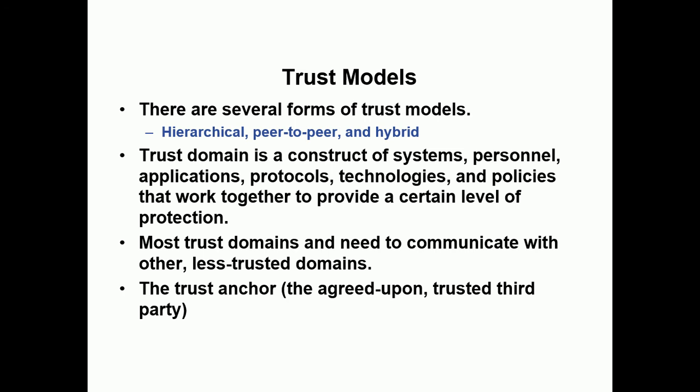Your trust can go through the root, so you can go up through those branches and then back down through another branch, and there's a transitive relationship through which you can trust. But peer-to-peer is where you can trust anyone in a sort of mesh of nodes. And then you can have a hybrid, which is a combination of these different trust models.